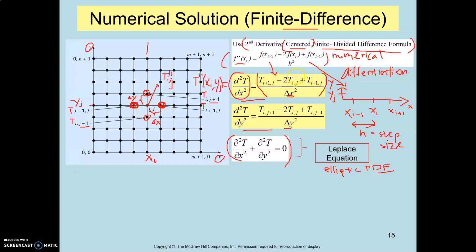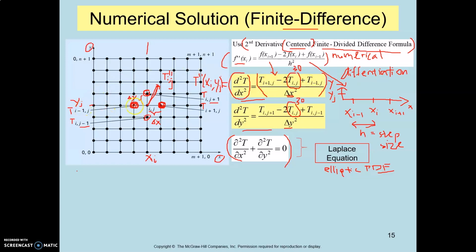So how about Tij? Tij is the temperature at the center here. So let's say the temperature is given at the center equal to 30. So you can replace these two numbers by 30 degrees Celsius. So how about Ti plus 1 and Ti minus 1?